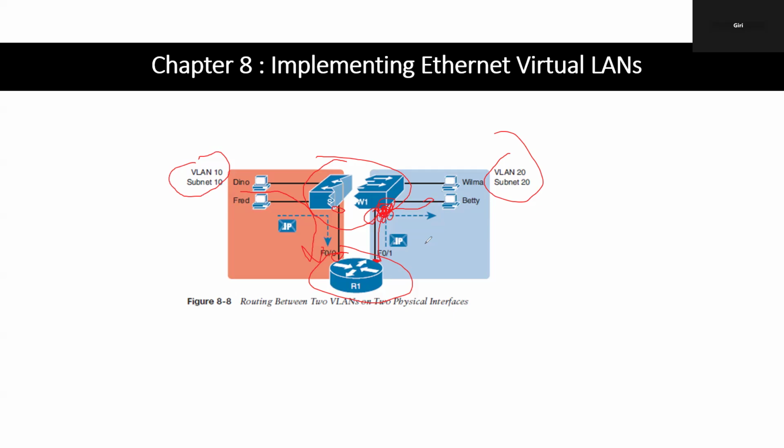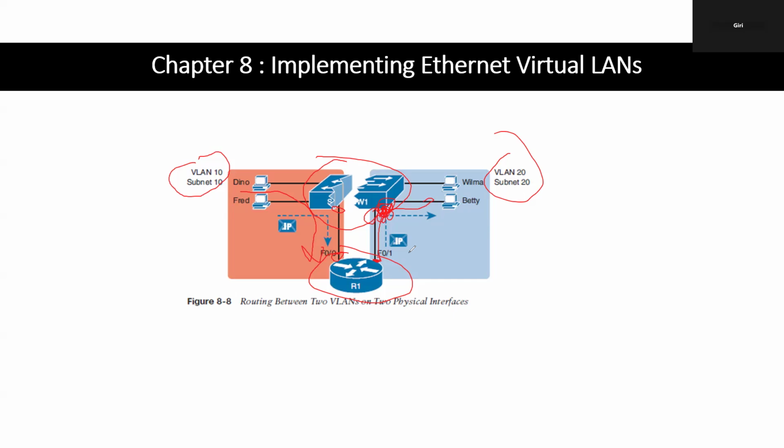Switches are still operating at layer 2, so it can't read layer 3. Here's the destination MAC address, based on the ARP that was done before by the router, before it started forwarding it. It did its ARP and said, hey, Wilma, who's maybe 20.55, which we'll give to Wilma's PC, says, hey, got the ARP.